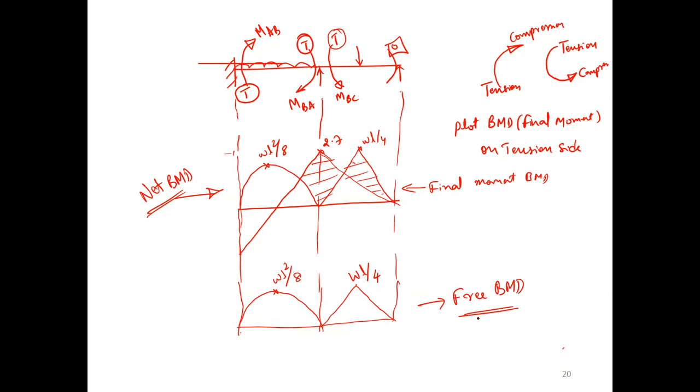Now you can expect a question like, if they are giving one beam like this, they are giving certain point load like this. They are not giving values because they are bothering about only shapes. Now guess what is the free BMD?